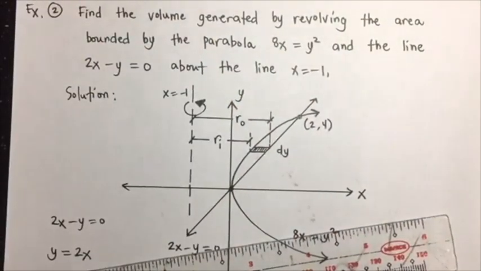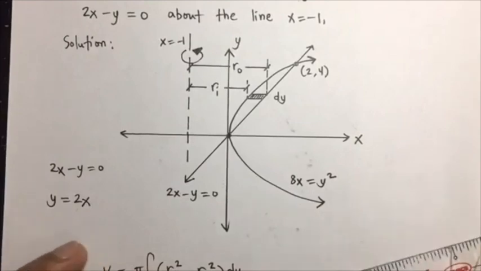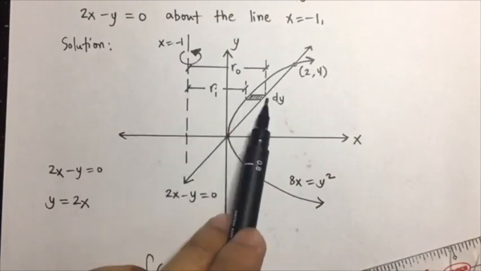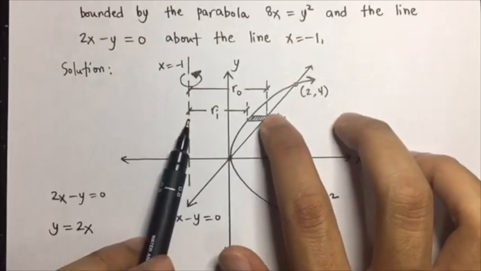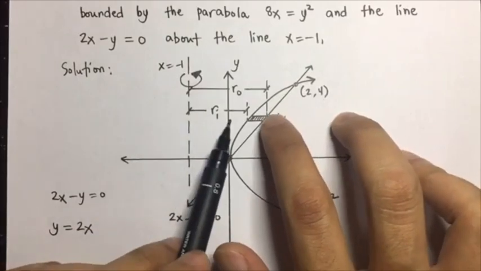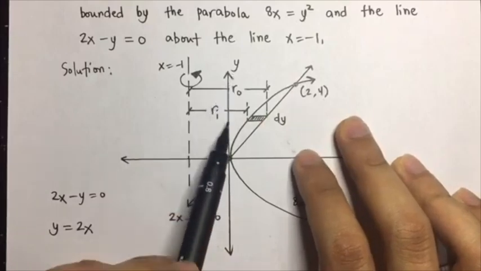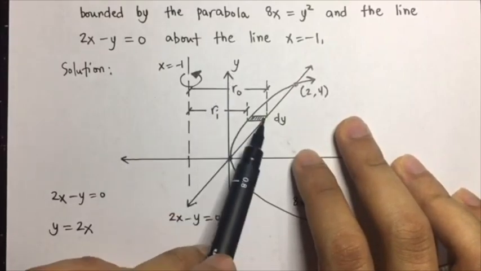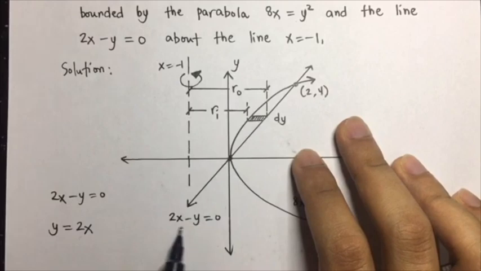Measuring this length will be the same as measuring the length of the strip. So this distance, from the y-axis until the right end of the strip, is defined by this equation.